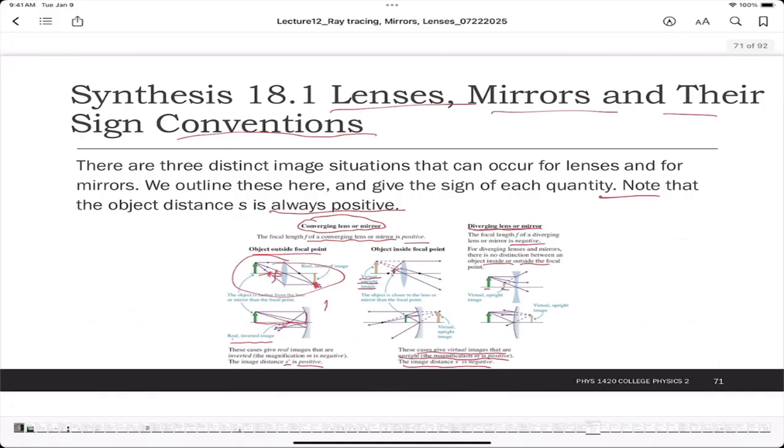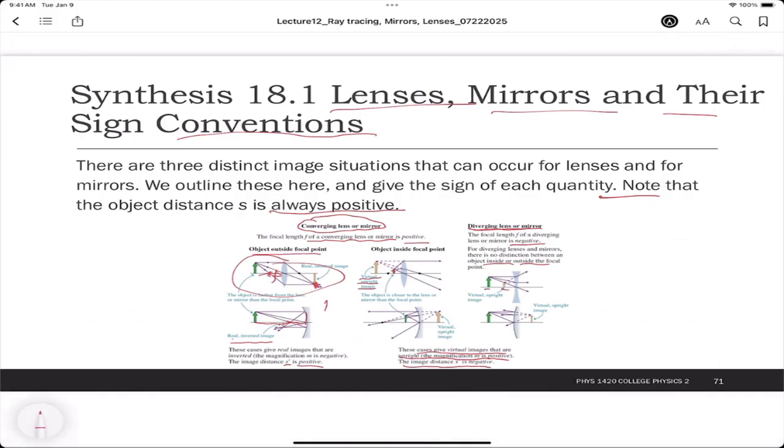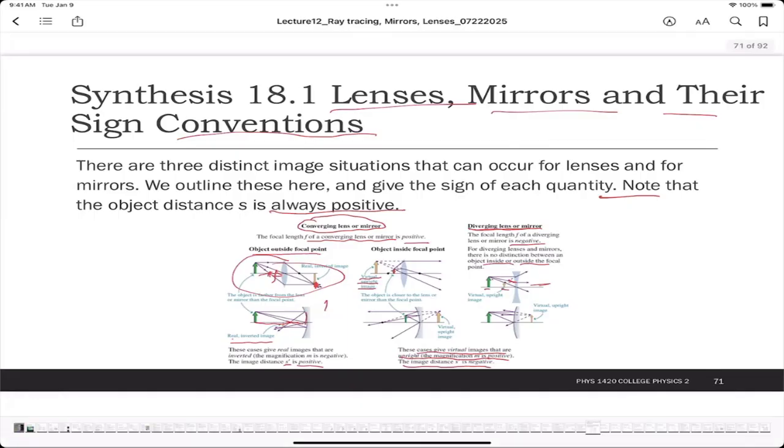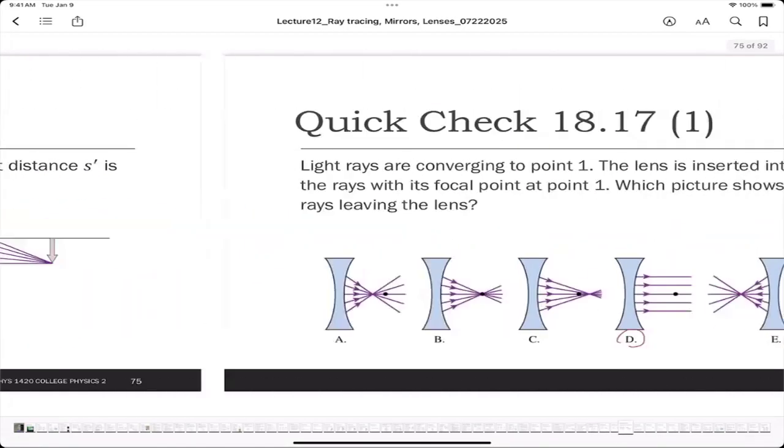You can see here, it will be parallel to that. Does it make sense to you? Okay.